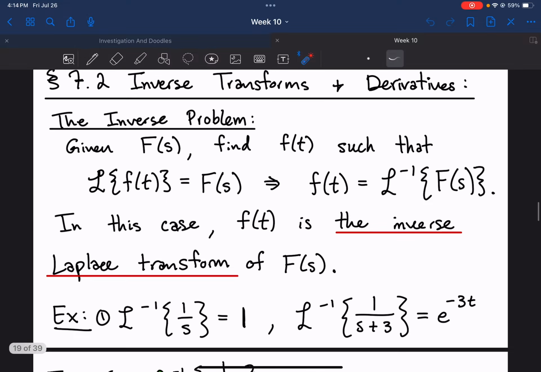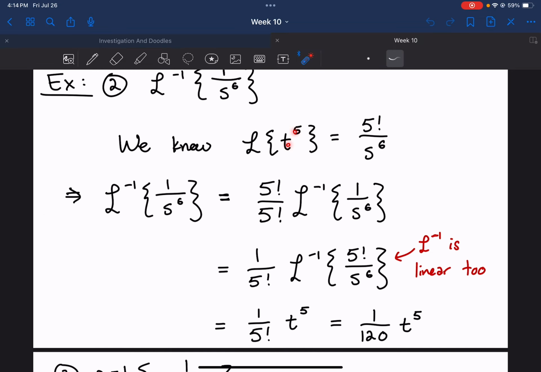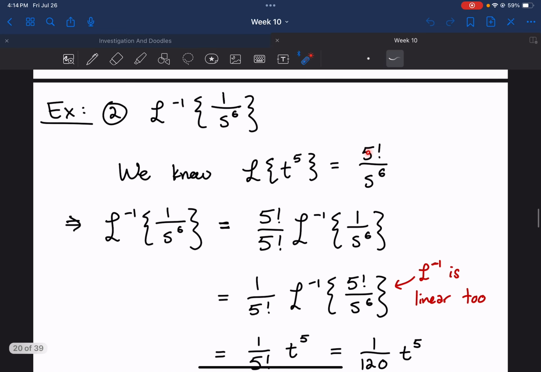So if we Laplace transform t to the fifth, we get 5 factorial over s to the sixth. If we want to inverse Laplace transform 1 over s to the sixth, we can almost do it if we had this 5 factorial. So we're going to start with the Laplace inverse of 1 over s to the sixth, and we're going to compensate for the 5 factorial by multiplying and dividing by it.